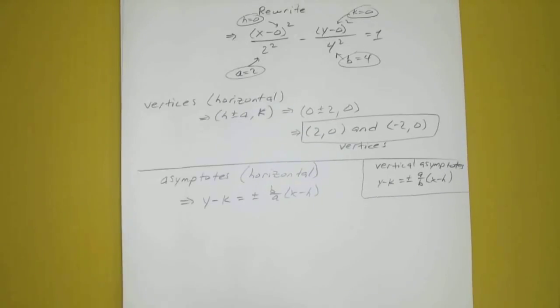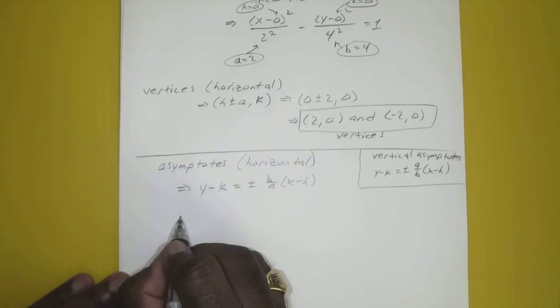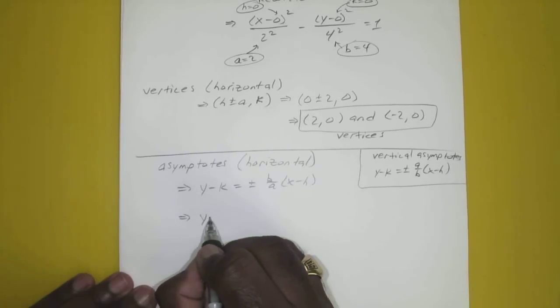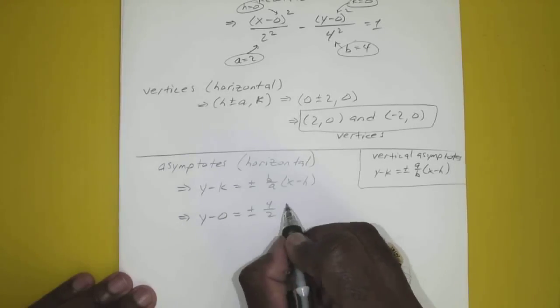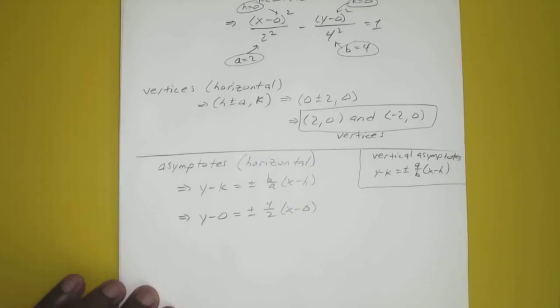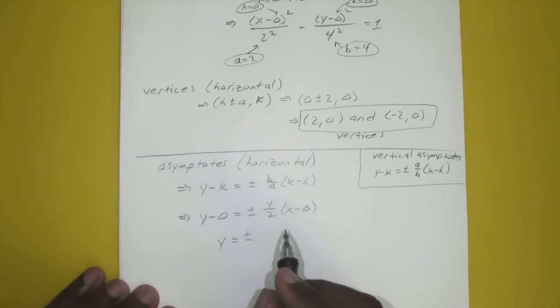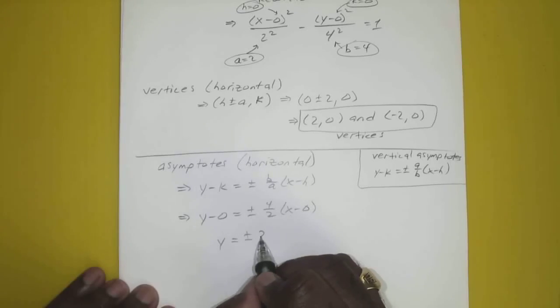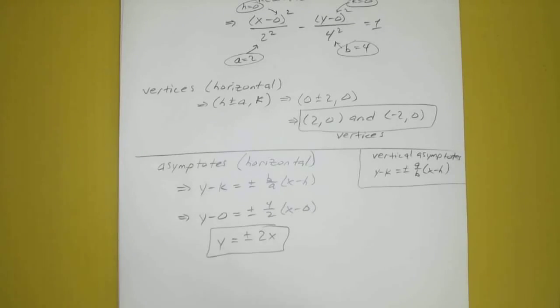So a horizontal hyperbola is going to be different than a vertical hyperbola. Okay, so if we plug everything in, it's y minus 0 equals plus or minus 4 over 2 times x minus 0. So y minus 0 is y equals plus or minus 2 times x minus 0 is just 2x. Okay, so those are your asymptotes, or your slant asymptotes, however way you want to say them.